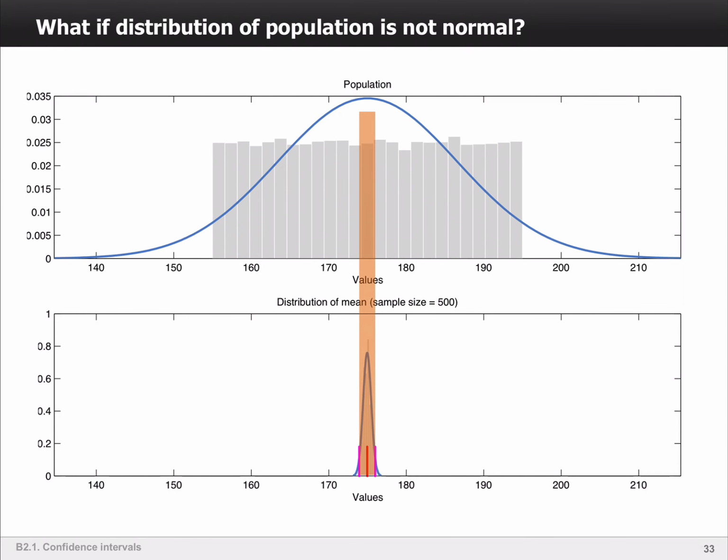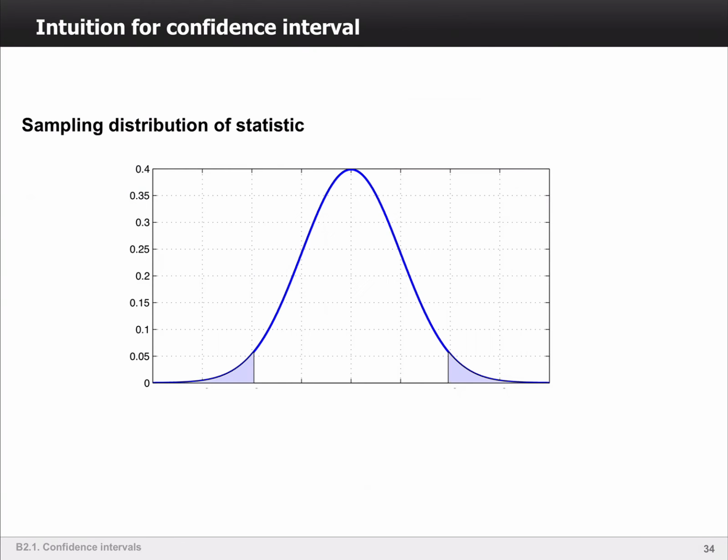I'll show you the same confidence interval. You can see that this is x, these are the values of the population, different people with different height, and this is m, the average. So if we take, for example, one sample with 500 persons and measure the height of these persons and calculate the average, this average value will most of the time be situated in this interval.